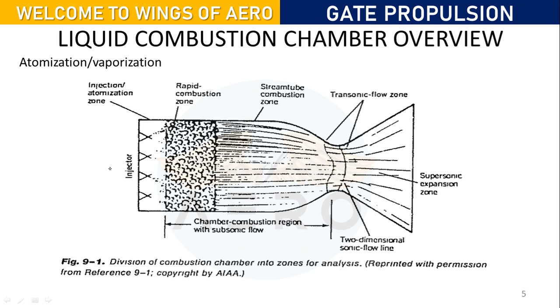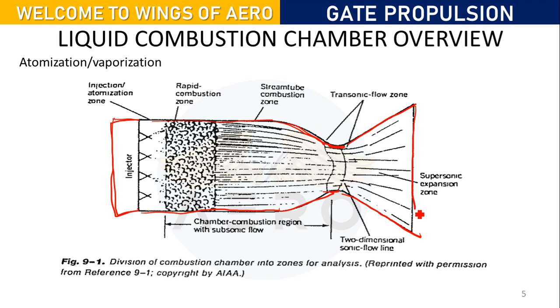Now before going into the propellants, we will see the basic components. When we consider the basic components of this liquid rocket engine, the main component is the combustion chamber. The combustion chamber consists of the injector, followed by the combustion chamber, then the convergence section, throat, then the divergence section.